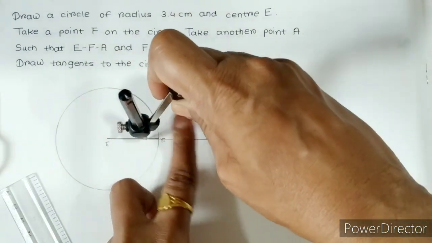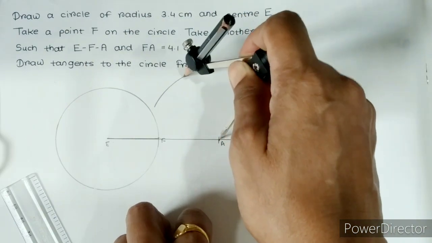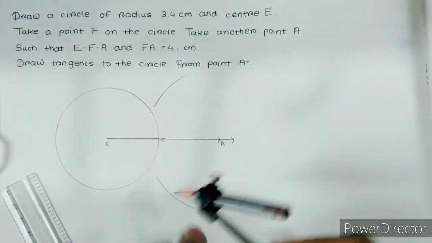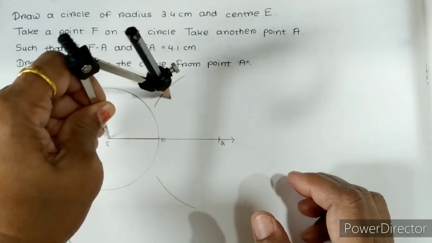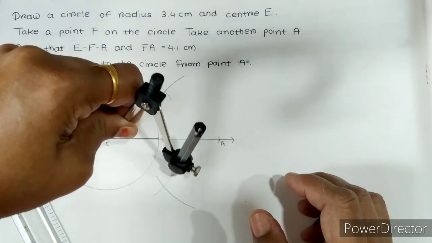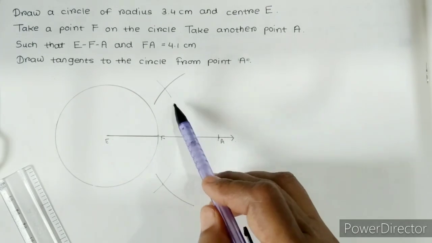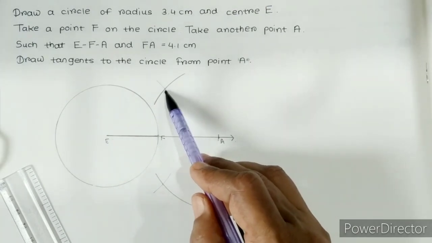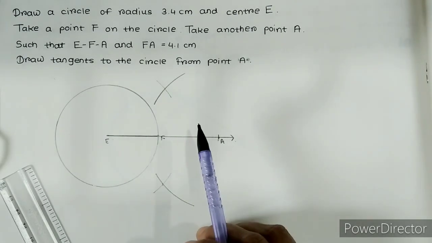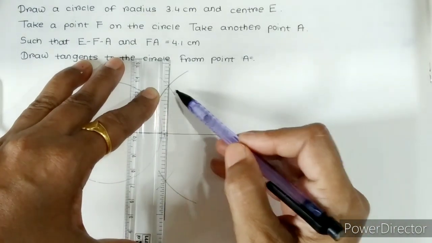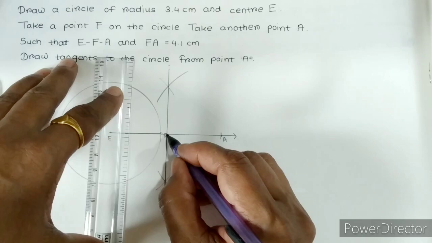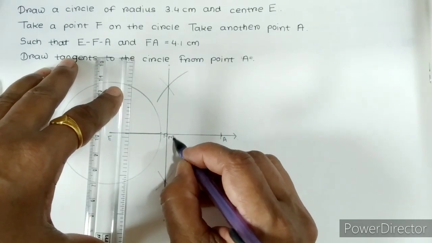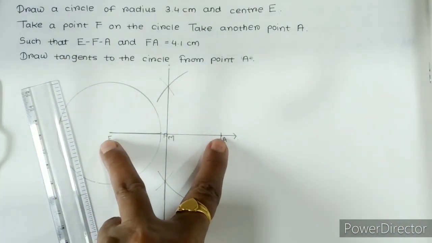Take more than half distance between the tips of the compass. Draw arcs above and below EA. Points of intersection are this and this point. Draw a line passing through these points of intersection and let M be the midpoint of EA.